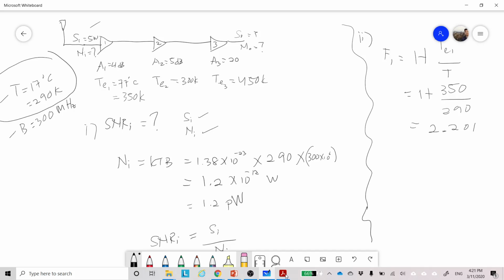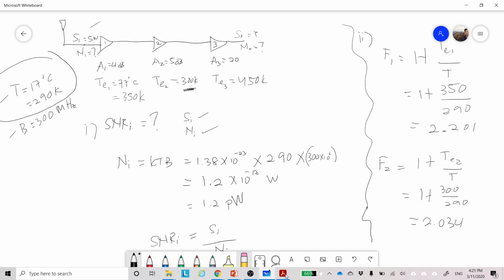F2, so F2 bersamaan dengan 1 tambah TE2 dibahagikan dengan T. So you akan dapat 1 tambah 300 dibahagikan dengan 290. Okay, ni 300 daripada sini second amplifier. So you akan dapat 2.034.